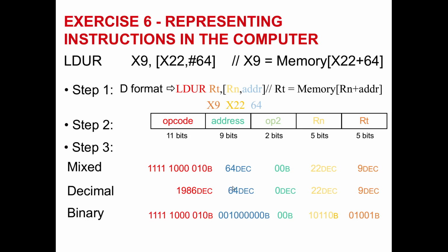For binary, we will need 9 bits for address, 5 bits for RN, and 5 bits for RT. And so 64 in binary will be this value with 9 bits, and 22 will be this, and 9 the same, it is 01001. We connect all these binary together, and we will have the hexadecimal value for this instruction.